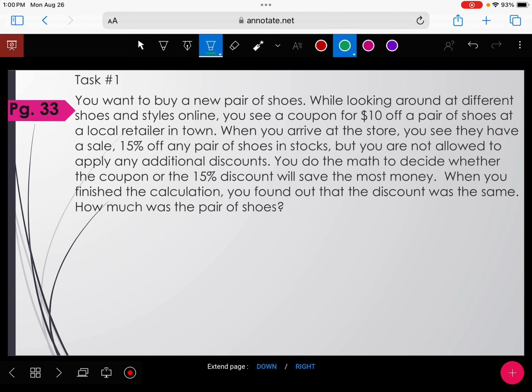This problem's written there, and it gives you a lot of space.